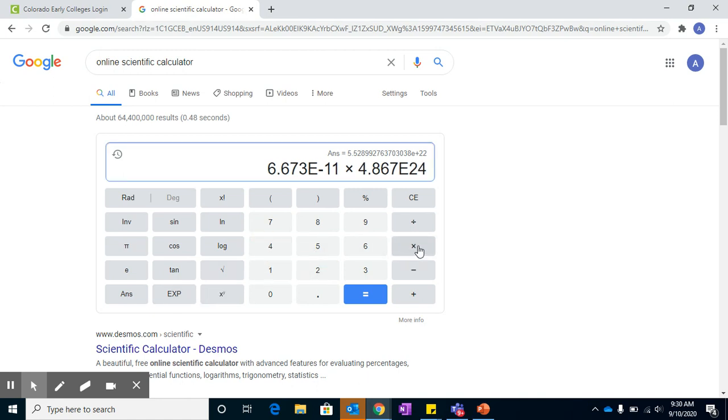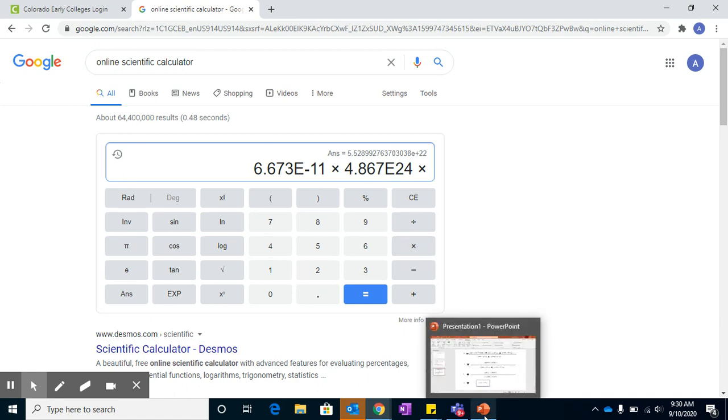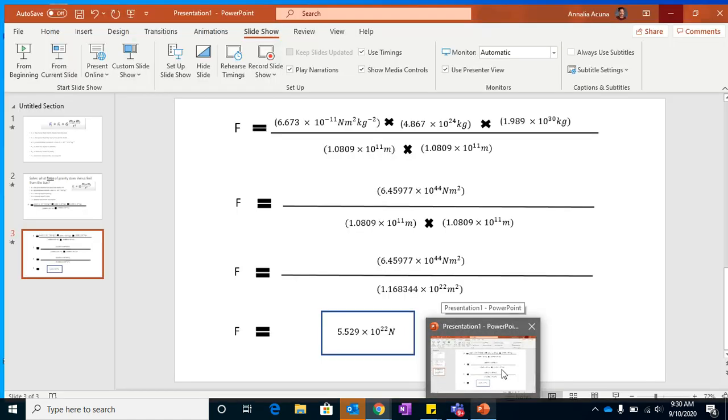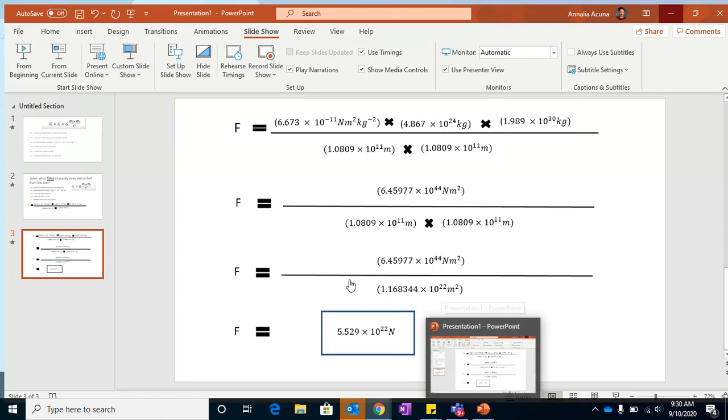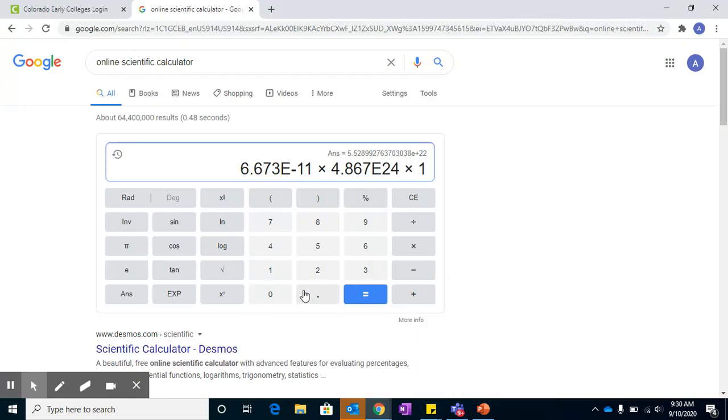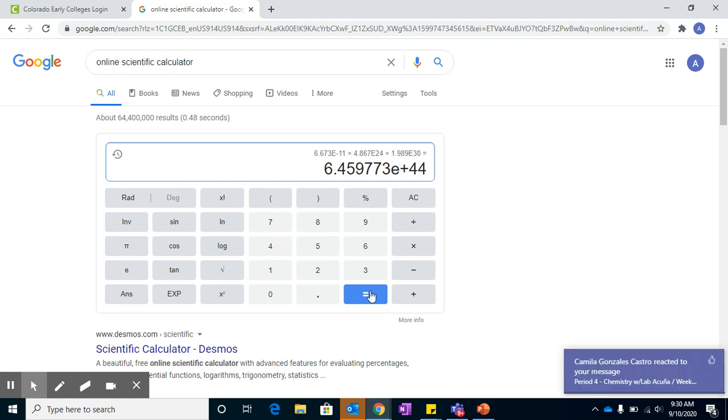And we have one more, times 1.989 times 10 to the 30th power. Equal sign, boom, and it tells me 6.459773 times 10 to the positive 44th power.